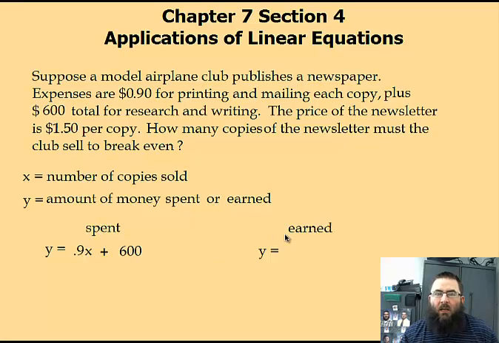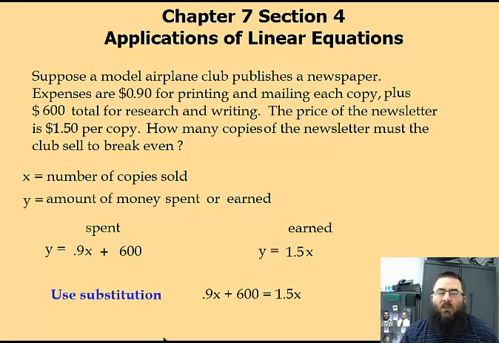As far as how much money they're bringing in, how much money they're earning, well, it's still y equals, and they are going to be bringing in $1.50 per newsletter, so 1.5x. So with that, you have your two equations that you could use substitution for that to set up your solution.